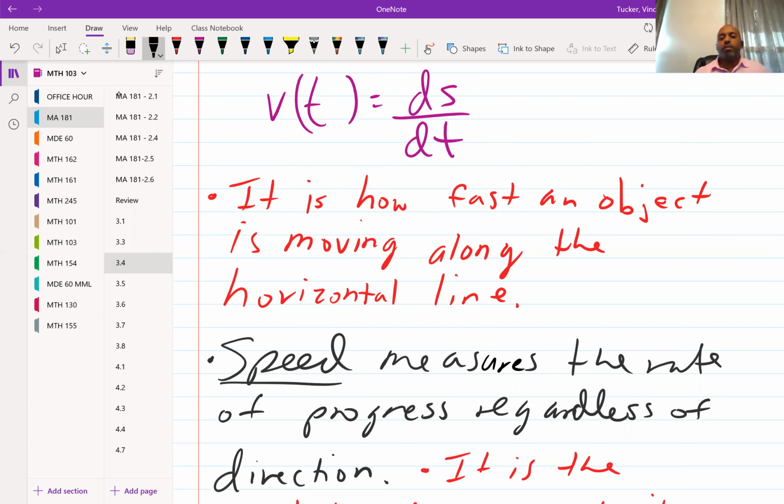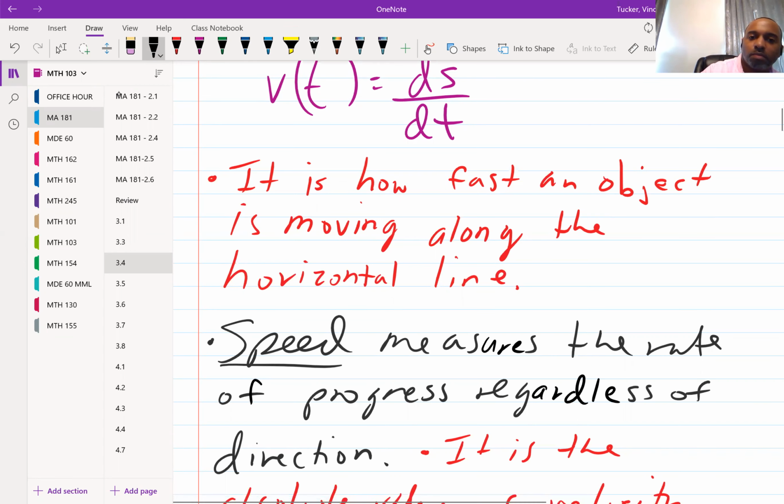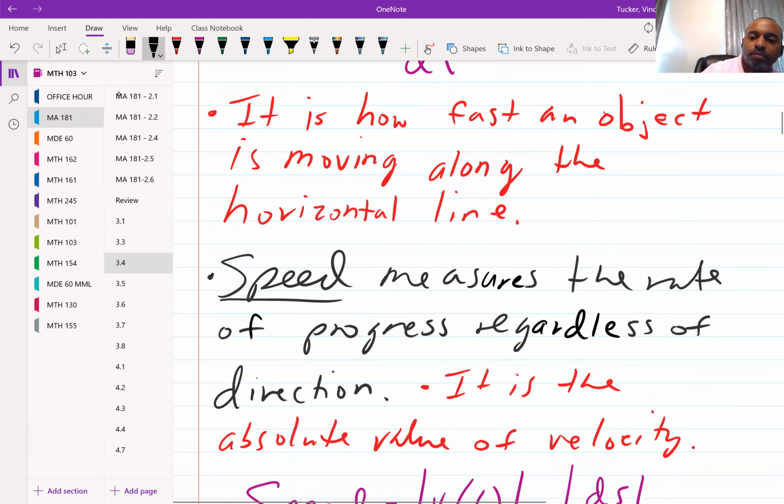And then speed measures the rate of progress regardless of direction. It is the absolute value of velocity.